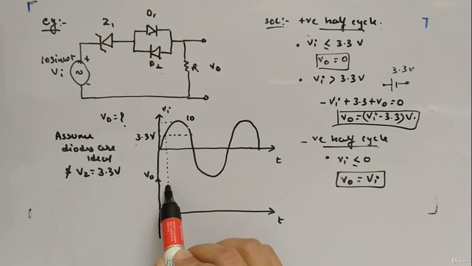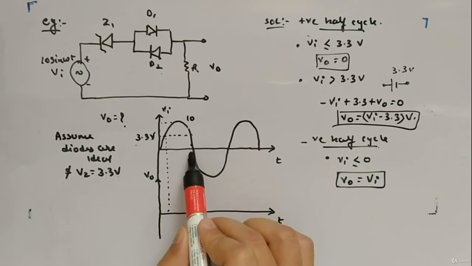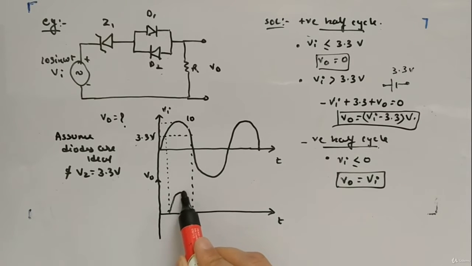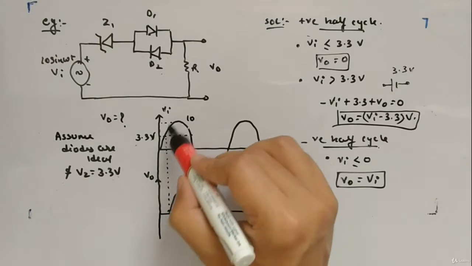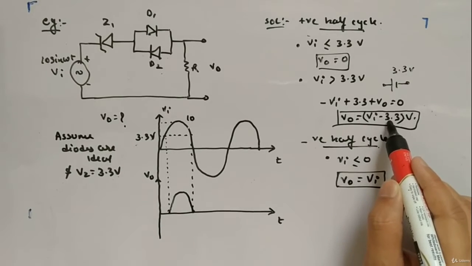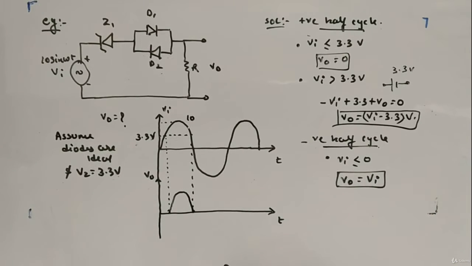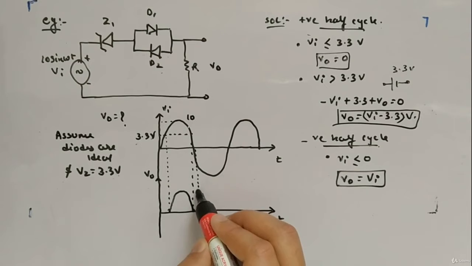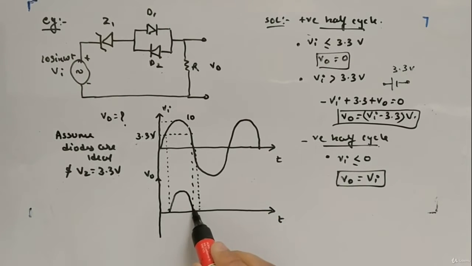We'll bring these lines, and this will be a small bump. It is following Vi, but it is 3.3 less. And here it is 0, and this is the first half cycle ending, here it is 0.